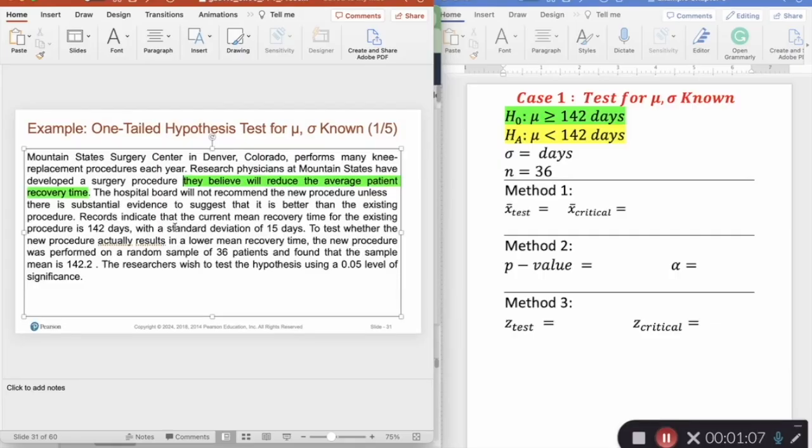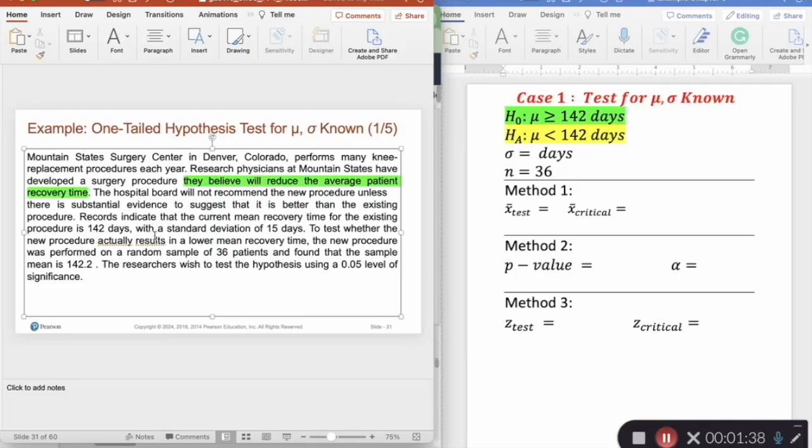They are claiming that the new procedure is going to reduce the average patient recovery time. So the average mu is going to be less than the current recovery time. The hospital board will not recommend the new procedure unless there is evidence to suggest that it's better than the existing procedure. So they need evidence to support that claim.